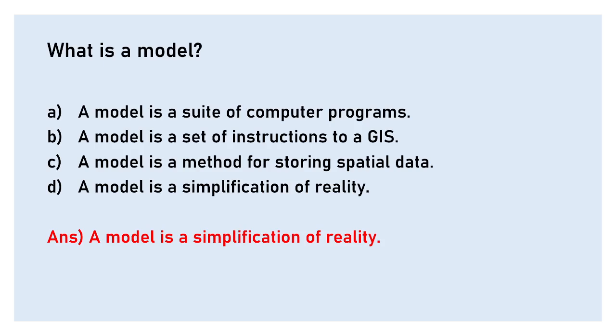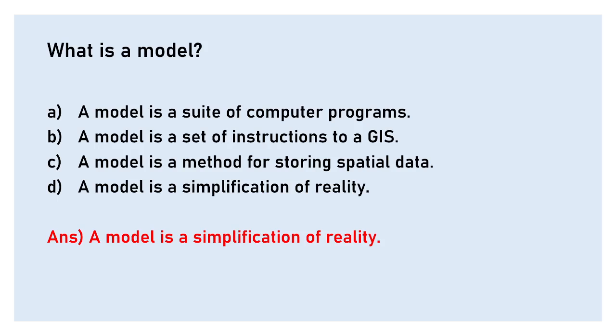It's not exactly an instruction to GIS. A model is more or less what we get after giving the instructions, whatever process you're doing, preprocessing, processing. Whatever result you get is the model, and that gives you a simplified real world representation. It's not just about storing spatial data. It's an inclusive thing: spatial analysis, non-spatial data, all these things included will give you the model.